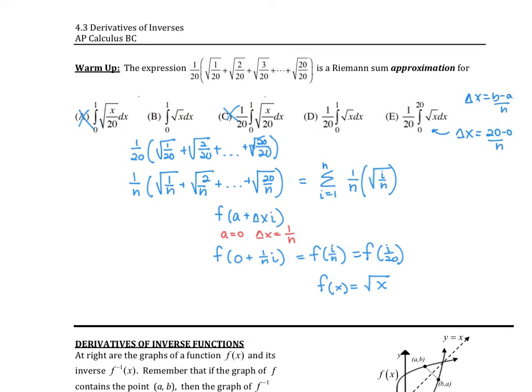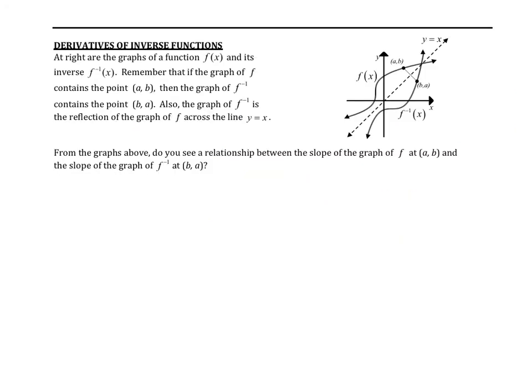And so for us in this problem, this delta x would need to be 20 over n. And 20 over n is not going to give me what I want for this Riemann sum. And so therefore, the answer that I would choose is going to be B to give me that Riemann sum.